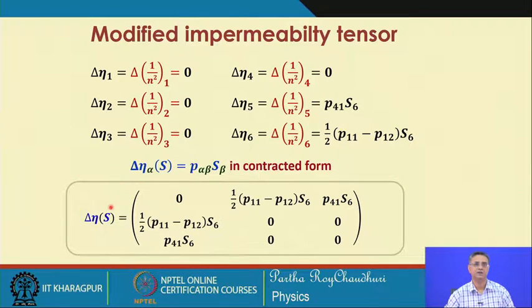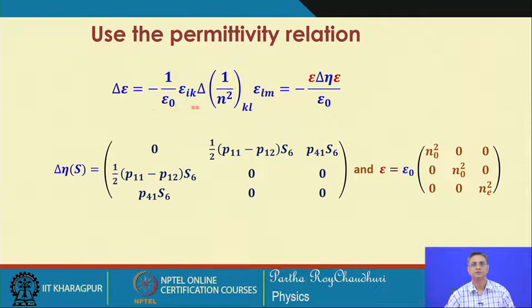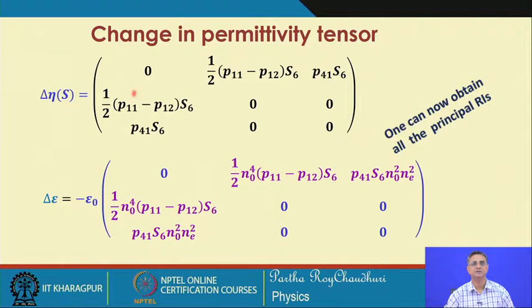index ellipsoid. So, having known this, we can use the permittivity relation to calculate the change in the permittivity. From here and here we post multiply and pre multiply this equation, and from there we can calculate the change in the permittivity as this.